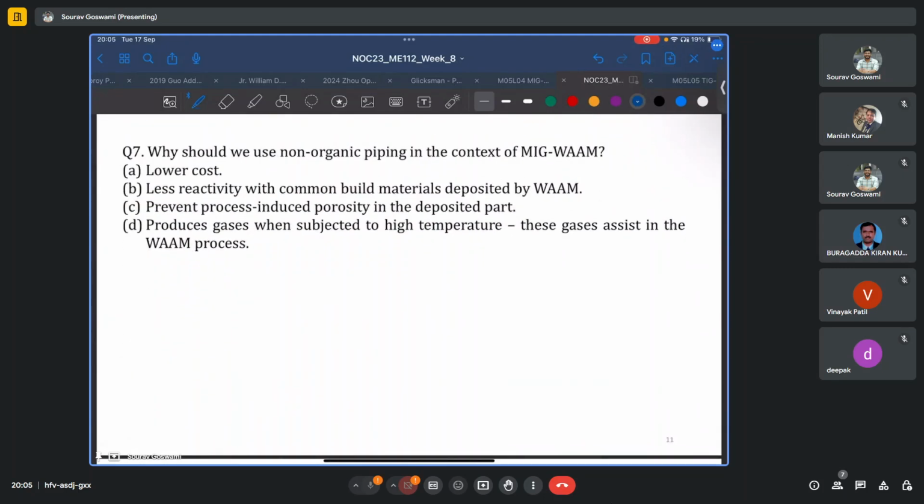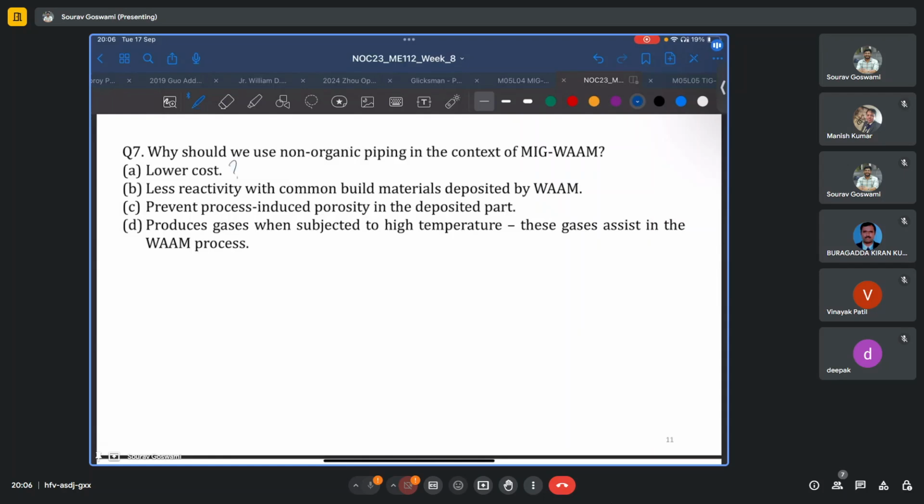Why should we use non-organic piping in the context of MIG-worm? Is it for lower cost? Now we cannot really comment on the cost perspective because we have no definitive reason to think that non-organic piping will be more cost effective than organic piping.